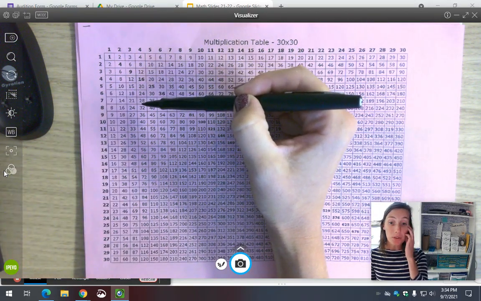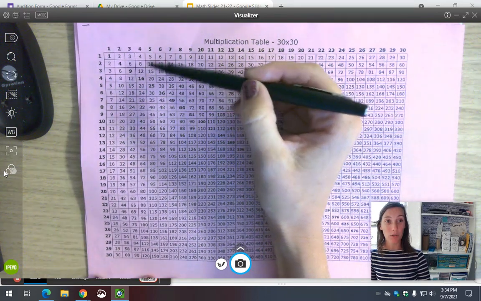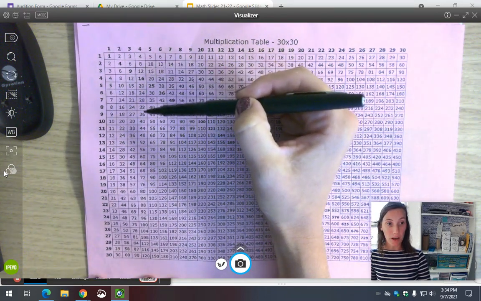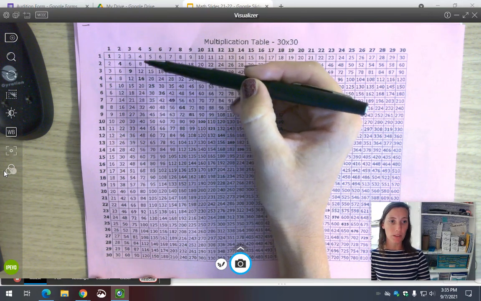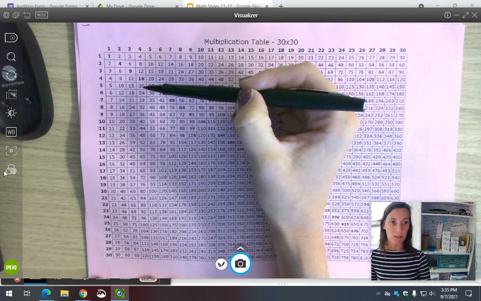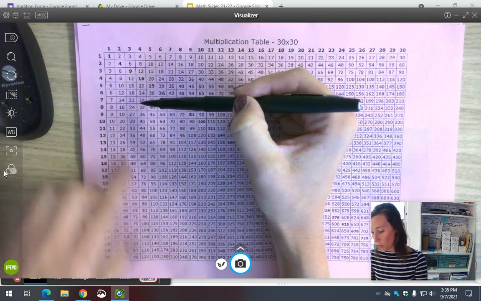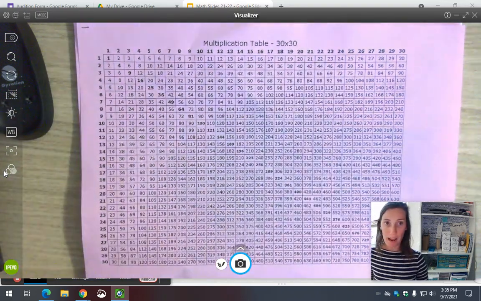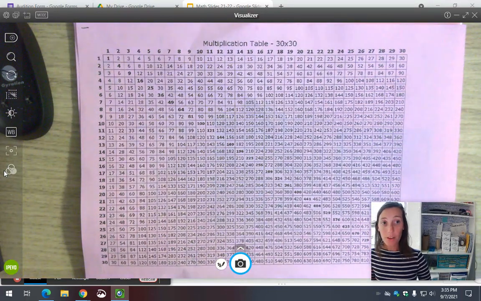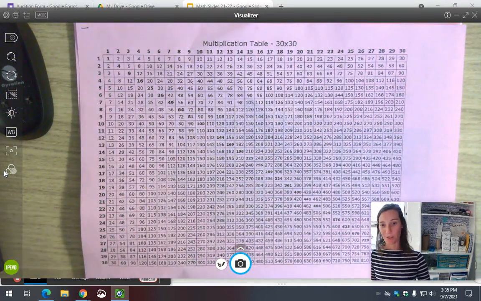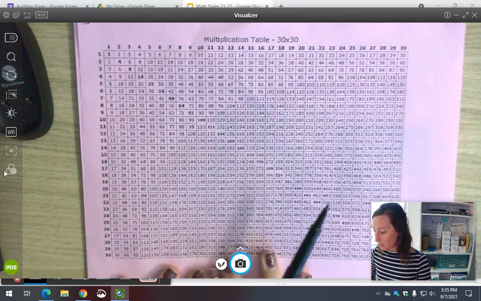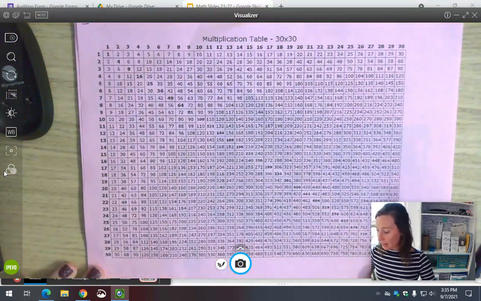So another way to use a multiplication table is when I'm looking for multiples of a number, and maybe I want to see at what point it has a multiple that's the same as a multiple of 5 or a multiple of 2. I could look down and see where some numbers show up in both paths.